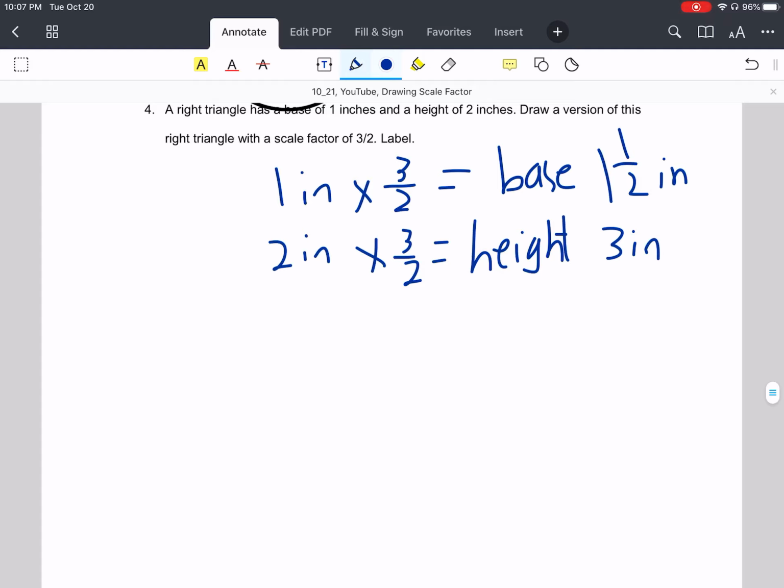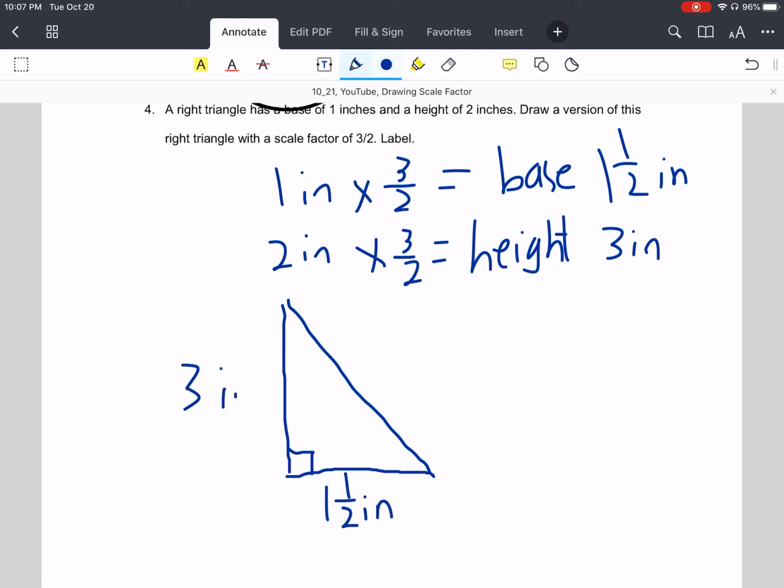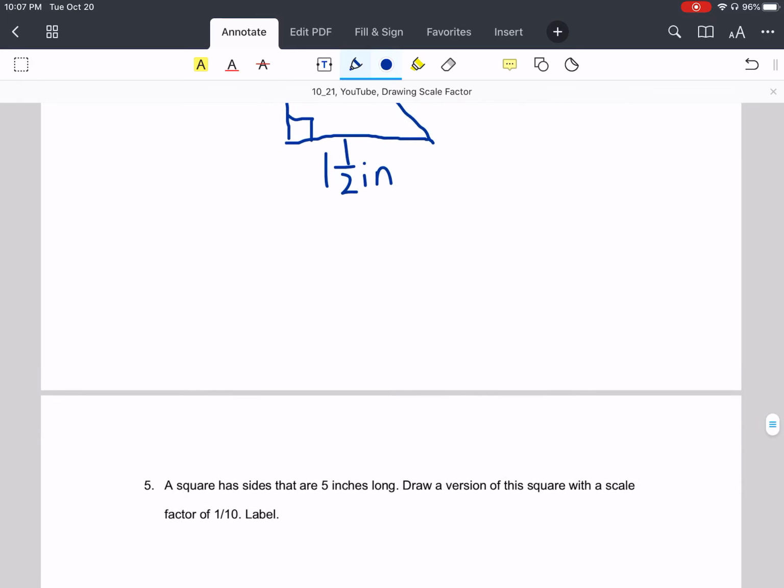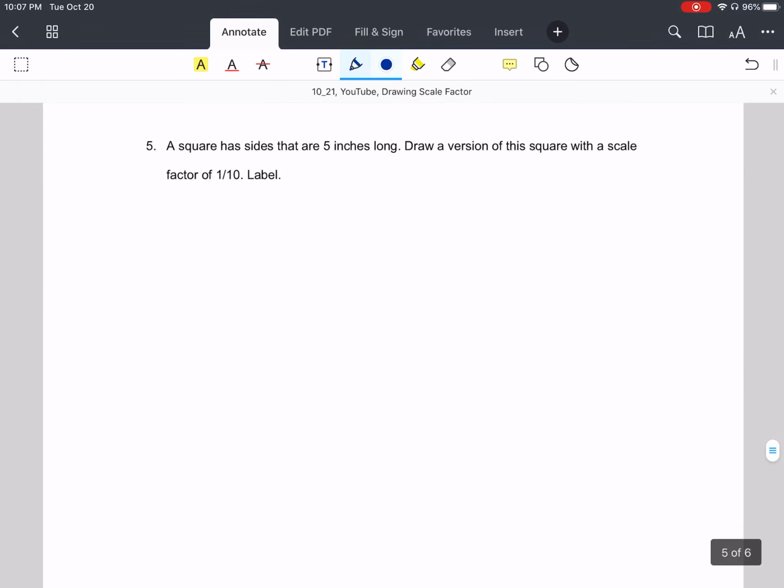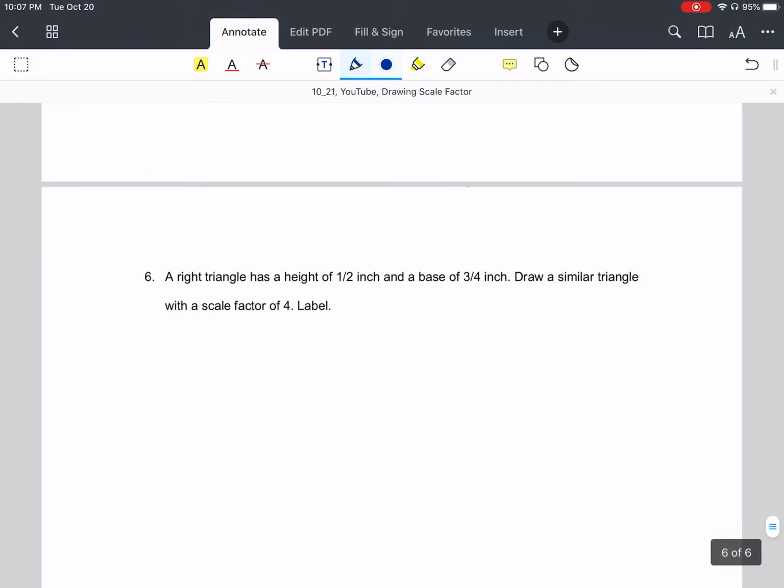So if I was drawing a triangle, my base would be perfectly straight, 1.5 inches, and the height would be 3 inches, and I would label. This is the second class example.